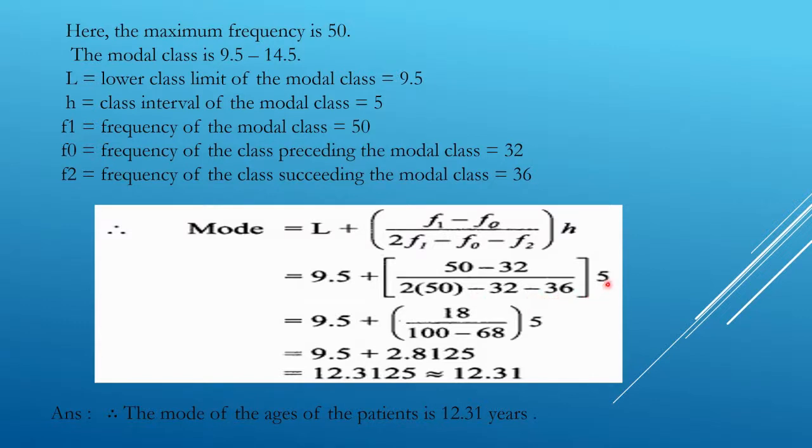That is equal to 9.5 plus 18 upon 100 minus 68, into 5. That is equal to 9.5 plus 2.8125. That is equal to 12.3125, which is approximately 12.31. Therefore, the mode of the age of the patients is 12.31 years.